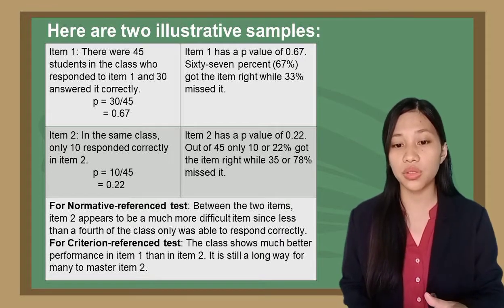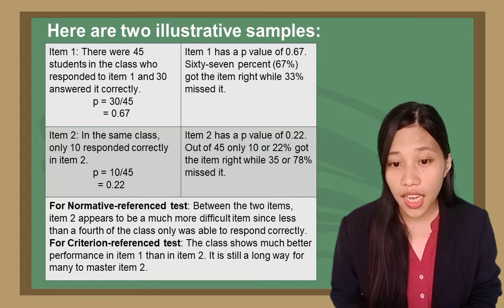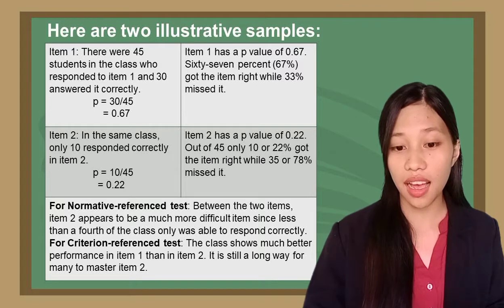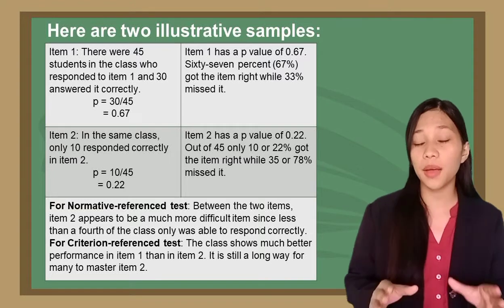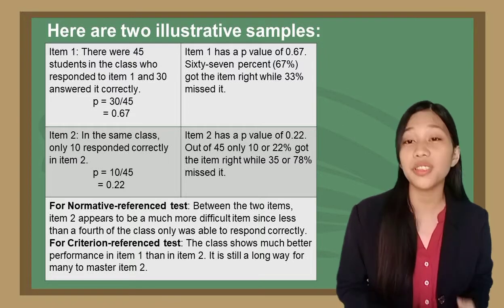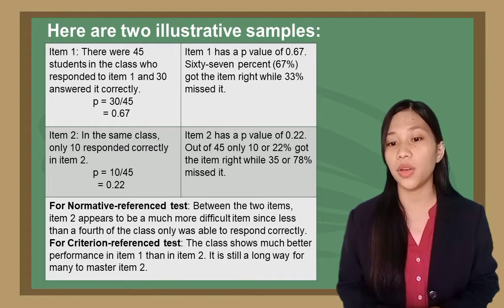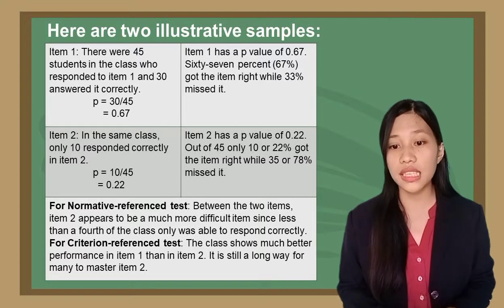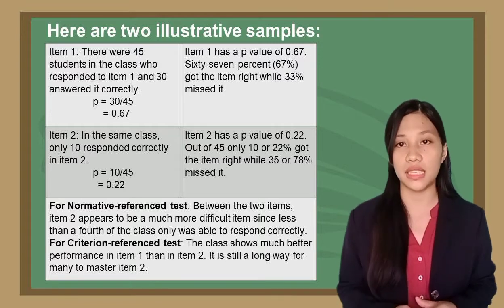So we have 30 as the R and 45 as the T. If we divide 30 by 45, it is equal to 0.67. Item 1 has a p-value of 0.67. 67% got the item right while 33% missed it.